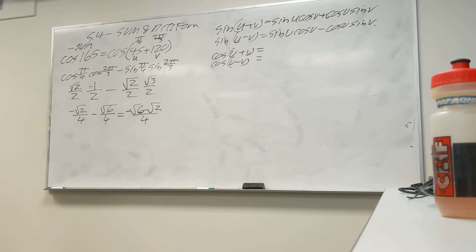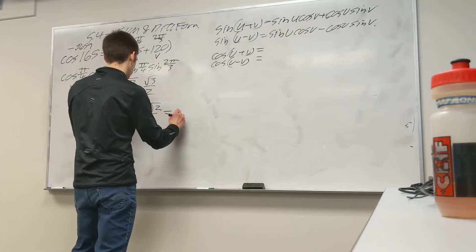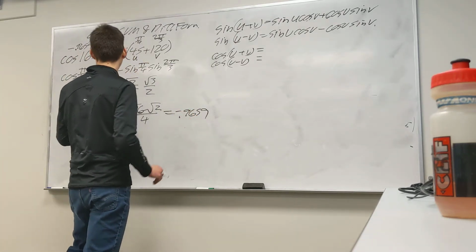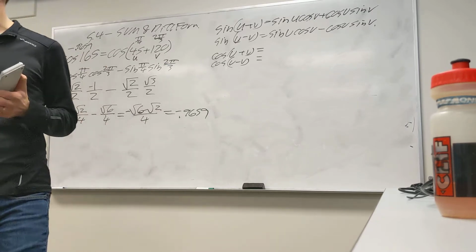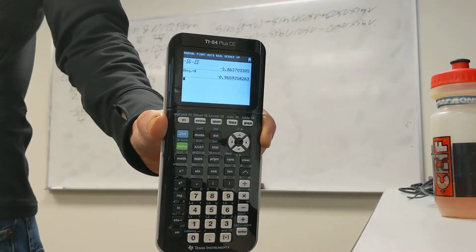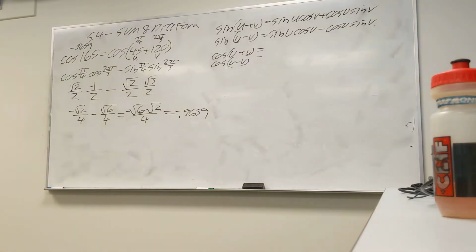Trying to use this calculator. Okay, and then square root of 2 divided by 4 equals, there we go. See, same number, right? You should get the same number, right? Did it right.